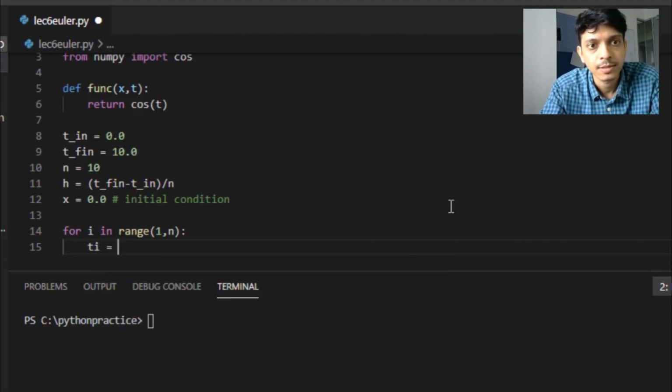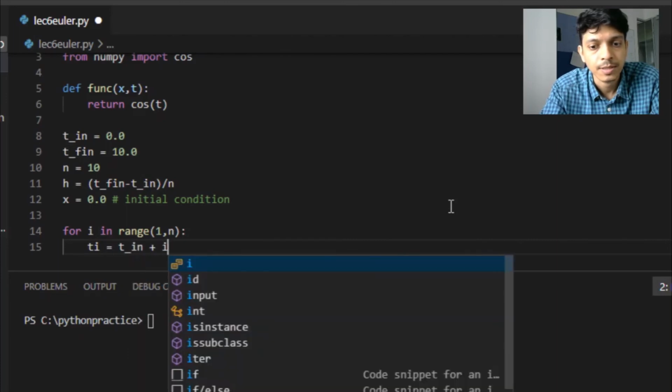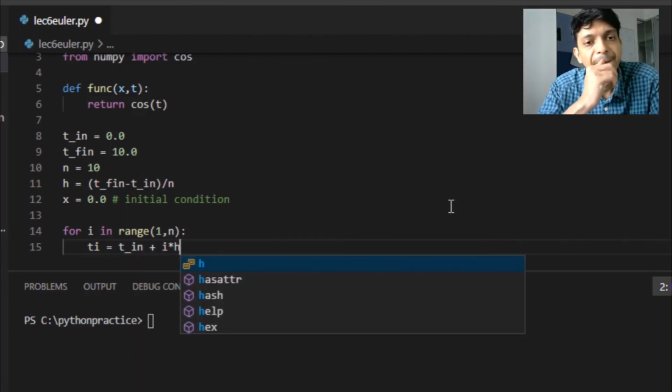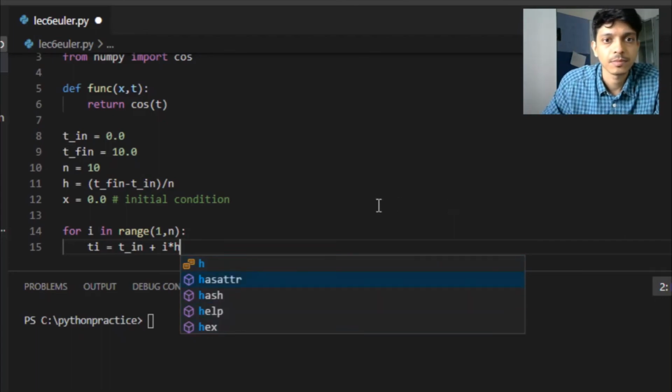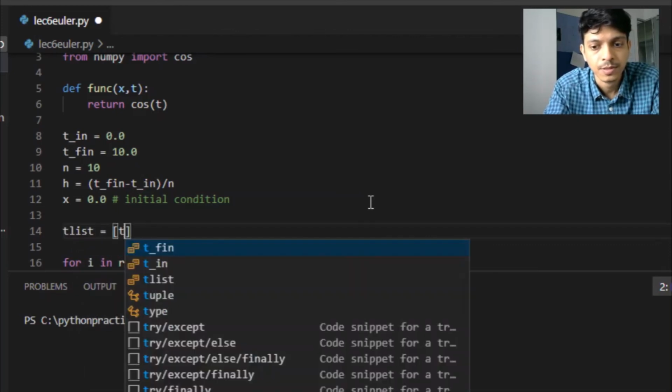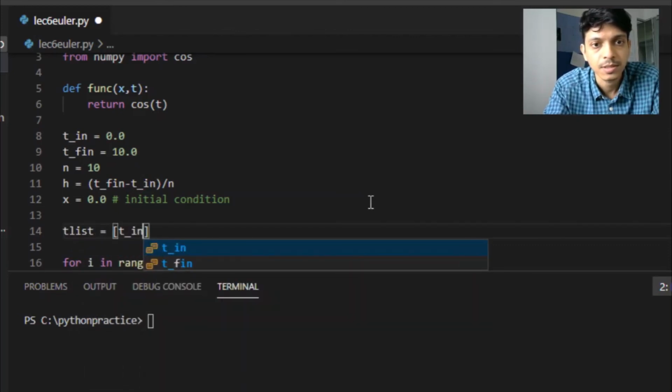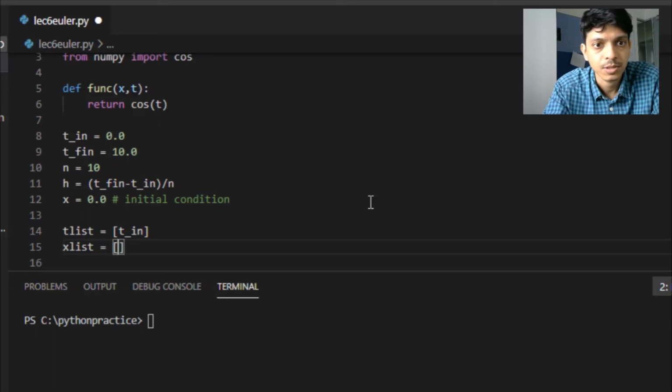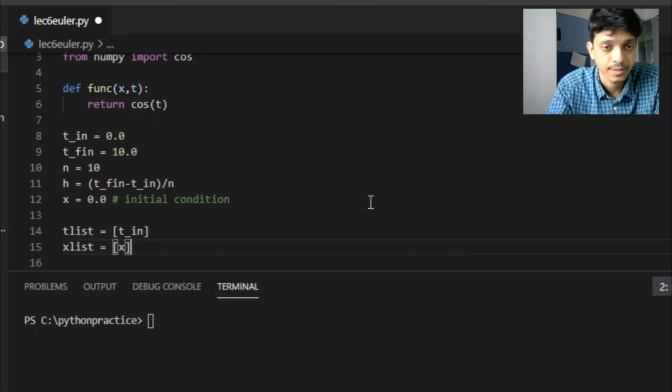So ti is going to be t initial plus i times h. Let's make some lists. The t list starts with t initial, and I'm going to make an x list which starts with just x. That's the initial condition.